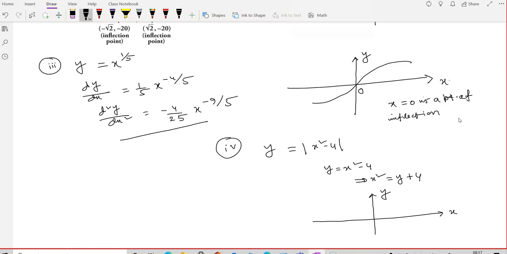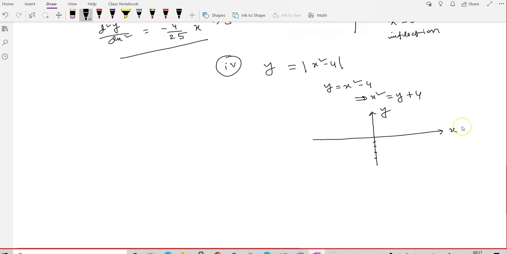When x is equal to 0, y equal to minus 4. The coefficient of this x square is positive. And another thing, when y equal to 0, x equal to plus minus 2. So it will be intersecting at the point 2, 0 and at the point minus 2, 0.